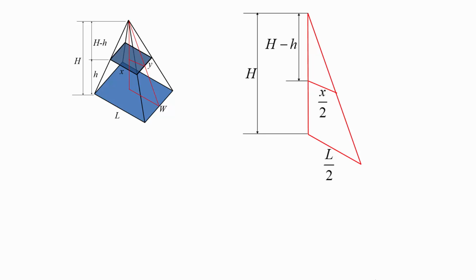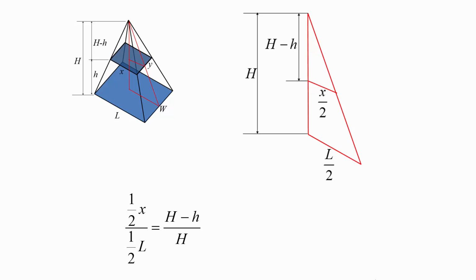Now, what are the properties of similar triangles? Similar triangles have the property that the ratio of corresponding sides is the same, and this is what it means. If we choose the corresponding sides for the bases of the two triangles, the smaller one is x over 2 and the larger is L over 2.